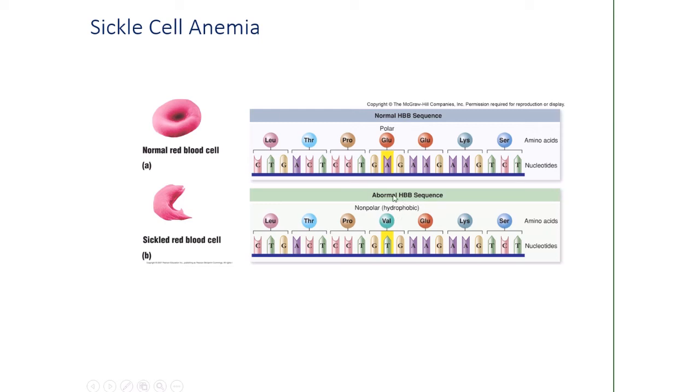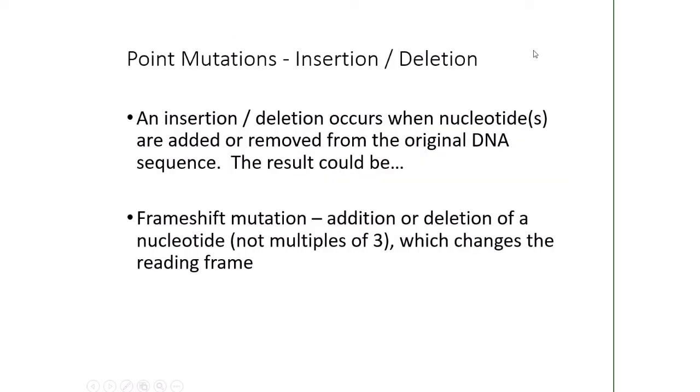Just by switching one amino acid, it's a critical change that causes the hemoglobin to misfold, and as a result it alters the shape of your red cell. So like I said, sometimes a missense mutation, just one single mutation, can cause drastic changes. Other times not so much.